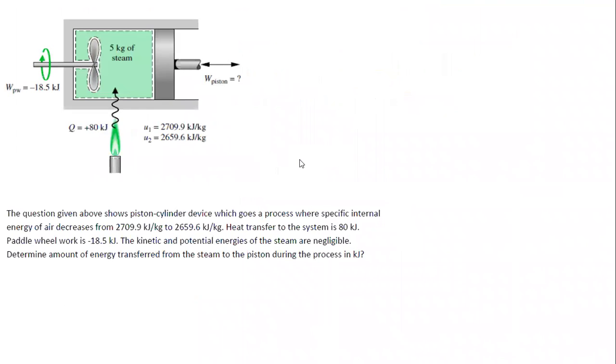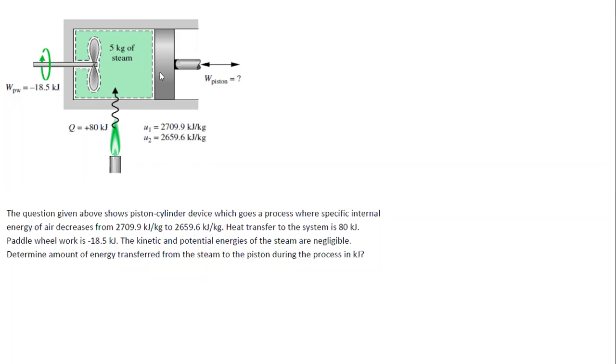So next example. We have the piston cylinder device. You can see it here, it is given. It goes through a process where the specific internal energy of air decreases from 2709.9 kilojoules per kilogram to 2659.6 kilojoules per kilogram.